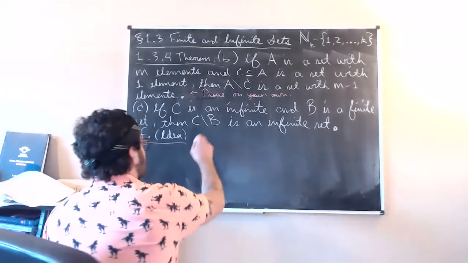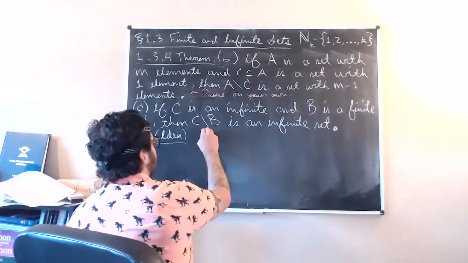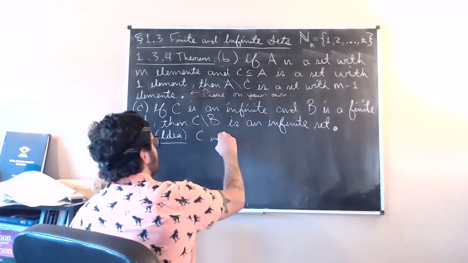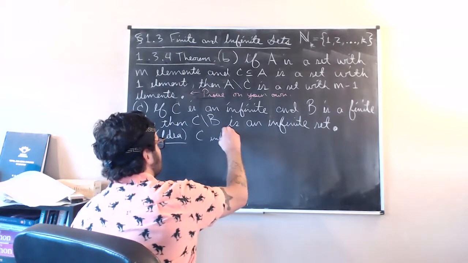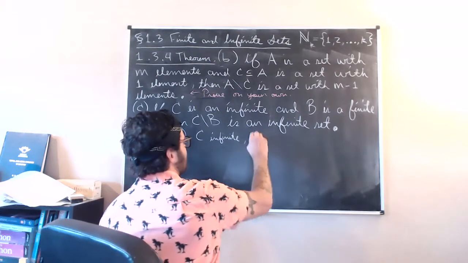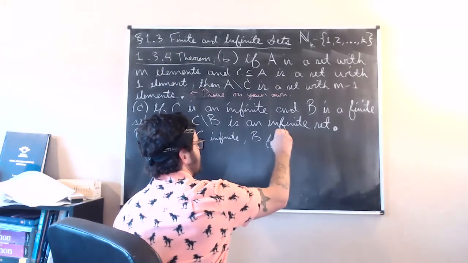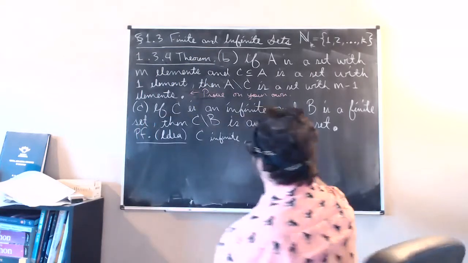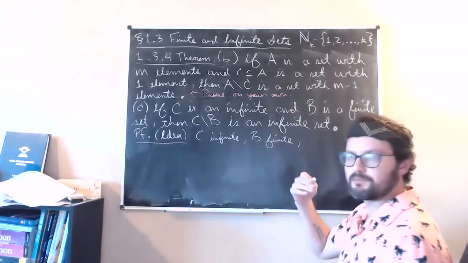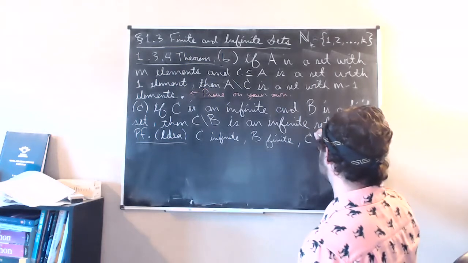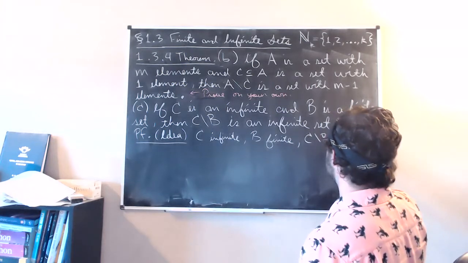So again, this is just the idea. So C infinite, B finite, and we're also assuming, if we're doing a proof by contradiction, that C set difference B is finite.